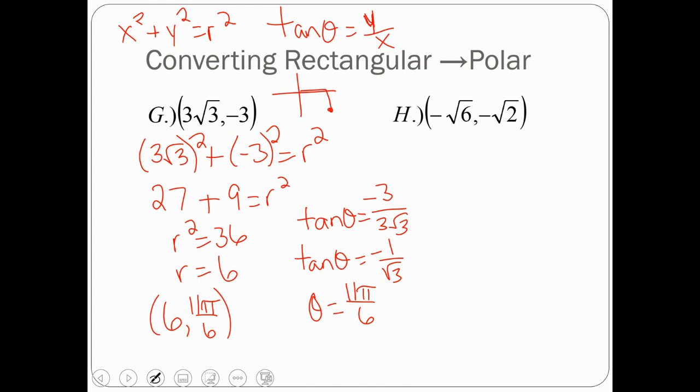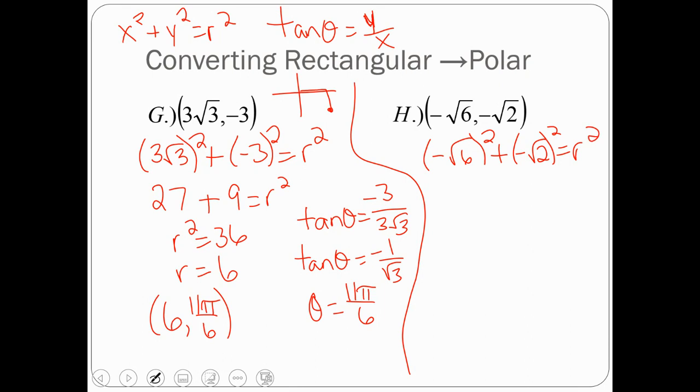The next one, same idea. We would do negative square root of 6 squared plus negative square root of 2 squared equals r squared. So we'd have 6 plus 2 equals r squared. R squared would equal 8. So r would equal 2 square root of 2.